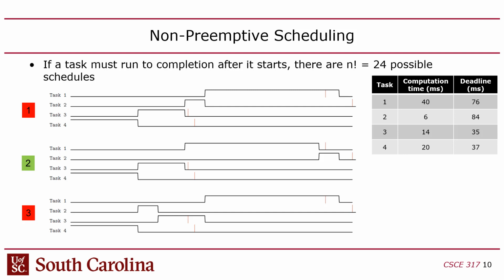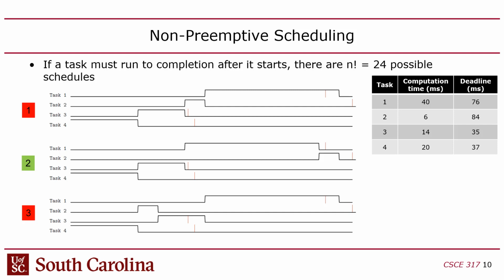Task 3 met its deadline, barely, and task 4 met its deadline. But we had one task that didn't meet the deadline. In the second one, task 4 runs, then task 3, then task 1, then task 2. In that case, all 4 meet their deadlines.